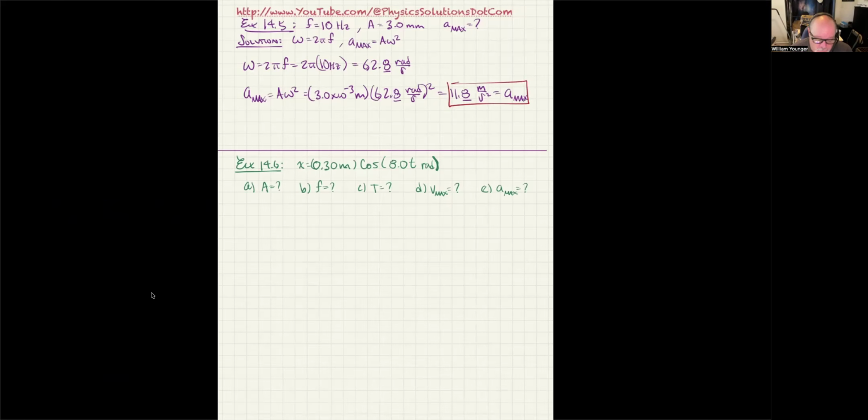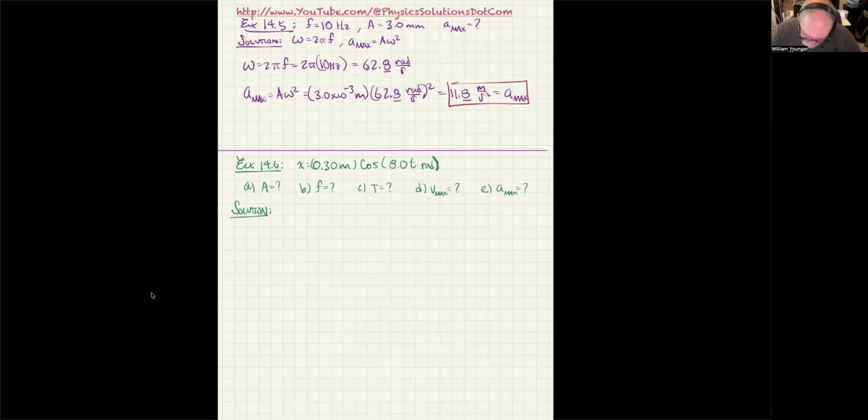X is equal to 0.30 meters times cosine of 8.0t, measured in radians. Determine the oscillating object's A, amplitude, B, frequency, C, period, D, maximum speed, and E, maximum acceleration. So with this one, we need to know some stuff. Solution.